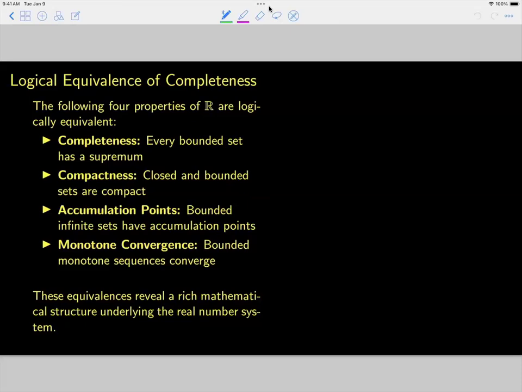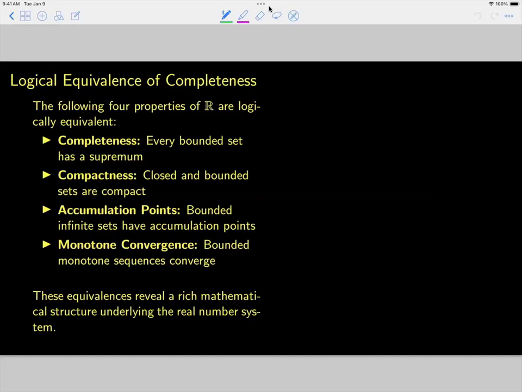Now, this Heine-Borel theorem is intimately connected to completeness. And it turns out that completeness gives you a fairly rich structure for the real numbers. The following four properties of the real numbers are all logically equivalent to each other.